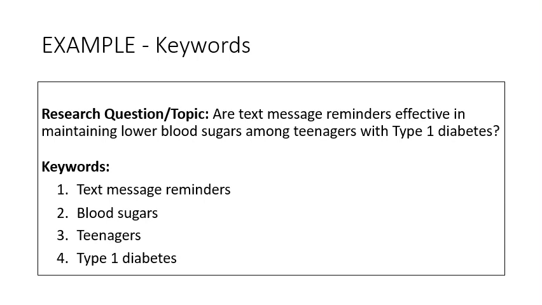Now, of course, if you use just one of those in isolation, you're going to get different search results. You can't just search text message reminders and hope to get the information for this question. You have to use a combination of these, but it really helps to pull out some of these keywords and phrases.